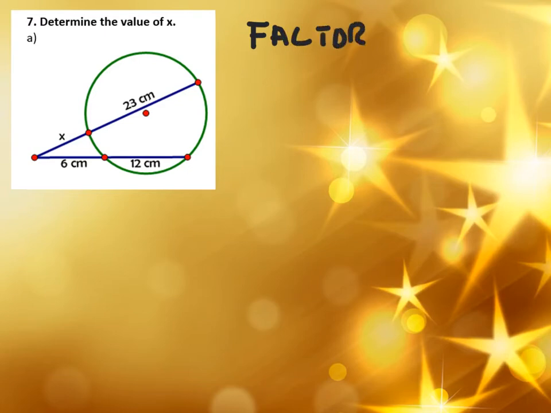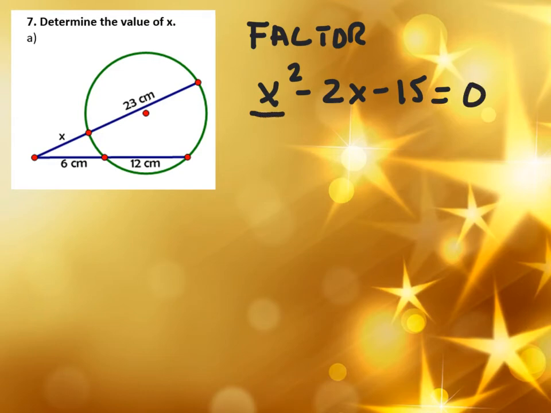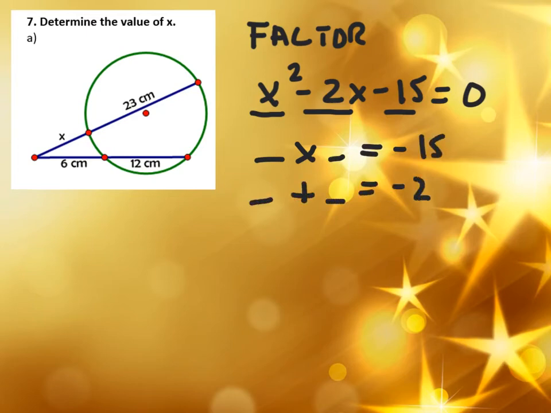And what that would mean is, if I had something like this, notice again I've placed them all on one side. I have a quadratic, a linear, and a constant. In this case I'd be looking for two numbers that multiply to negative 15 but add to negative 2, and it looks like our numbers would be negative 5 and 3.